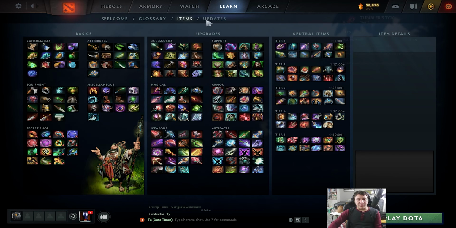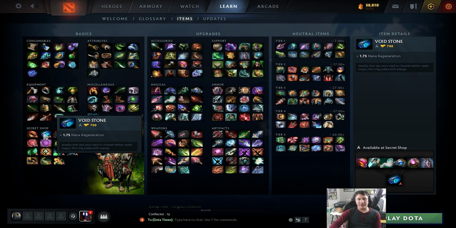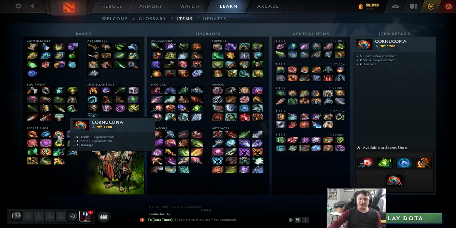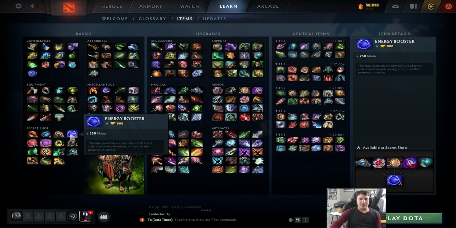items can be divided into 3 different sections: basics, upgrades, neutrals, and kind of a fourth, the secret shop items. However, these aren't finished items. Secret shop items are always pretty much going to be part of a bigger item. As you can see, Ring of Health, Void Stone, these are in the bottom right corner, just in case you aren't looking, right next to my picture.